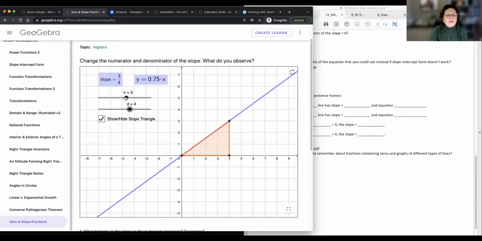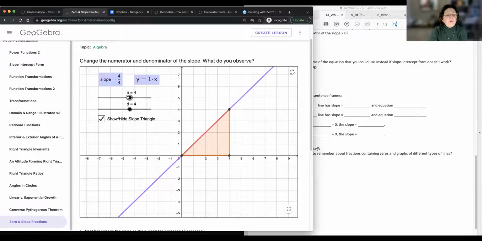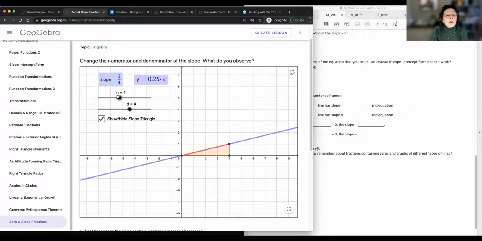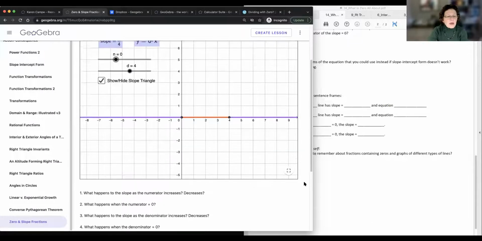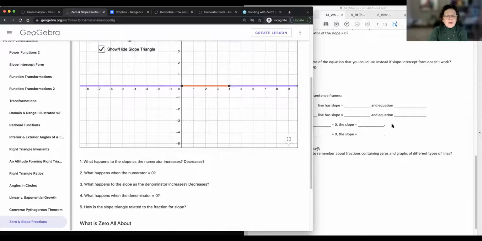And what we can do is we can see what happens with negative slopes, with positive slopes, and what happens when the numerator is zero. Well, I get my purple line, I get a horizontal line y equals 0. And the questions ask, what happens to the slope? What happens when the numerator is 0?